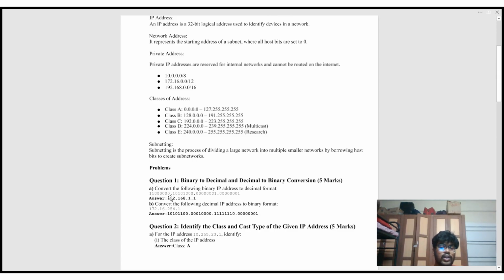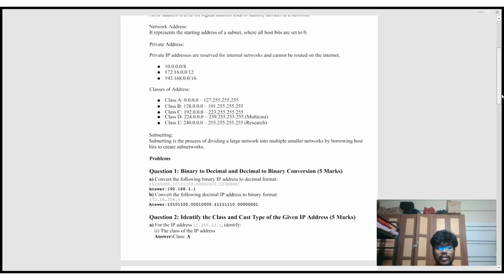Convert this by calculating the bits, 1 bit, 4 bits, 8, and so on. Now convert this decimal IP, 172.16.254.1, to binary. The answer is 10101100.00010000.11111110.00000001.